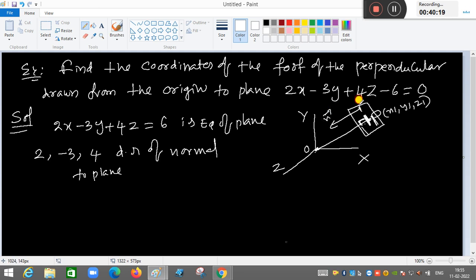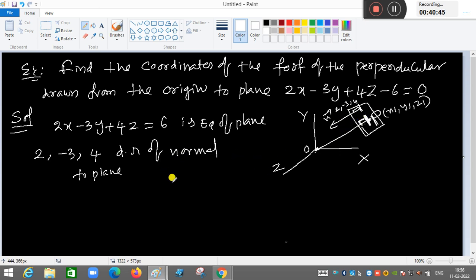This is also perpendicular to the plane. Direction ratios of this are 2, -3, 4. These two lines are parallel. Direction ratios are same or proportional. So we can take the direction ratios of OP.